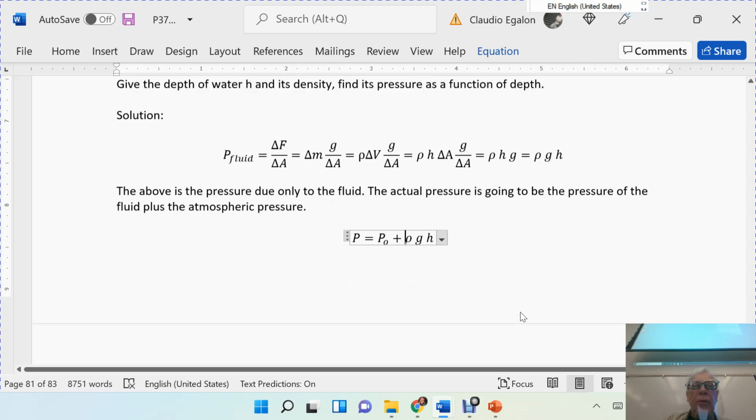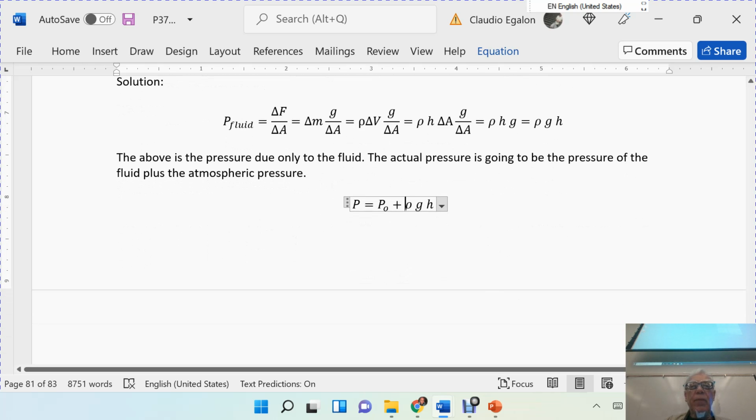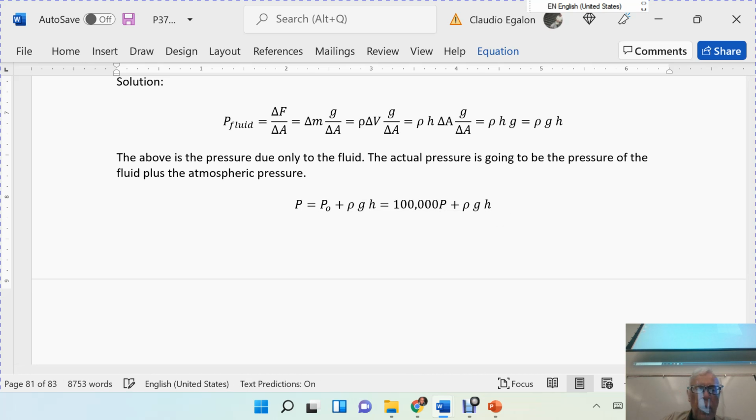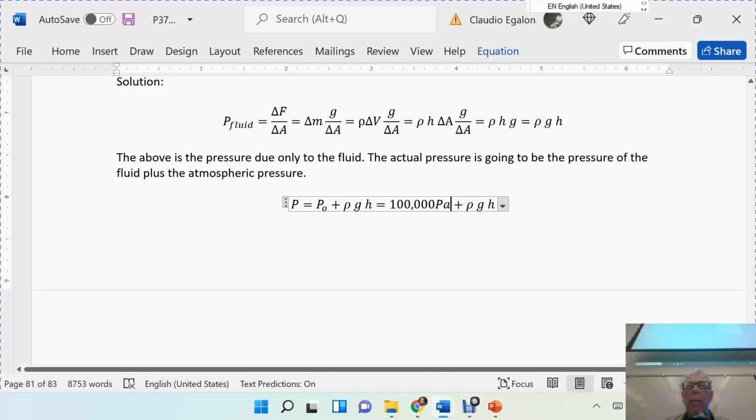Now let's play a little bit with these numbers. There is a very nice thing about this number right in here. I'm going to do that in Excel. You already know this is one atmospheric pressure, which has been measured at approximately 100,000 Pascal. What about this one?